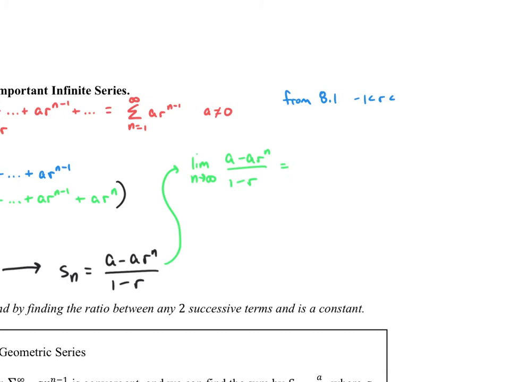Now we know that the sequence will converge to 0, and this goes back to section 8.1. So the sequence converges to 0 if r is between negative 1 and 1, not including either one, and the sequence is convergent to 1 if r is equal to 1.